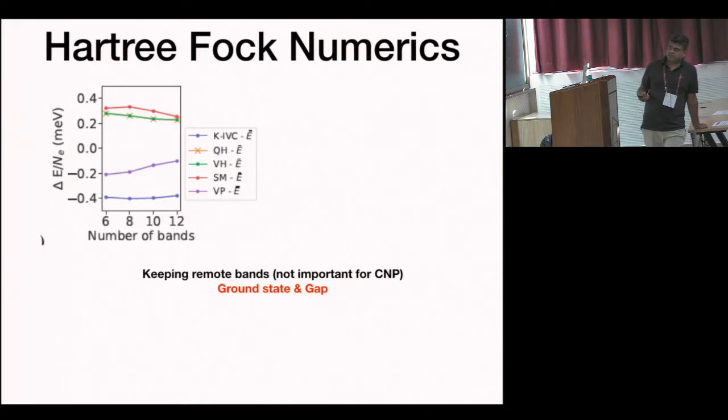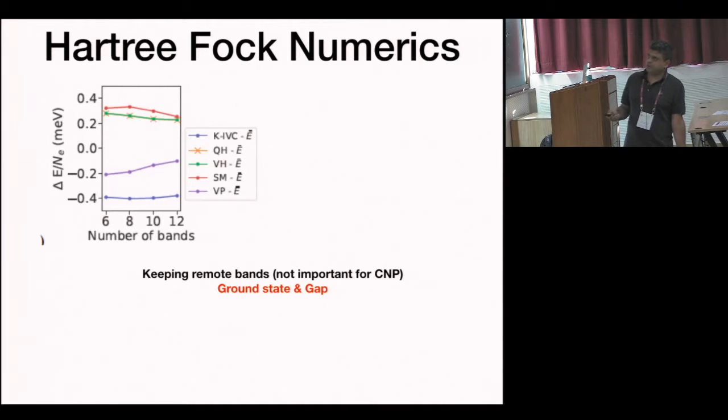And this is what you see, that the ground state that you find, regardless of how many bands you keep, for a set of parameters which we think is realistic, the clear winner is this IVC state, this so-called K-IVC state. And then you have the first excited one, which turns out to be the valley polarized state, and then you have these other two, the valley Hall and quantum Hall are right on top of each other. And finally, you have the state which does not open a gap. It's semi-metallic, which has these Dirac points. Okay, so that's kind of the sequence.